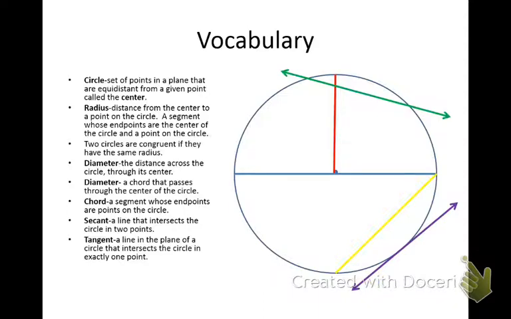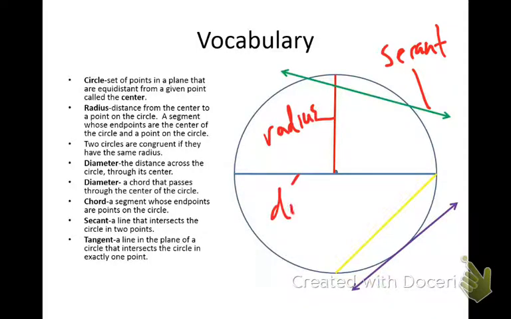We can label these. The green line is a secant. This red line is a radius. The blue line is a diameter. Yellow line, chord.